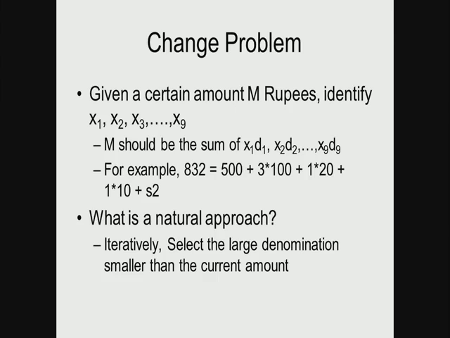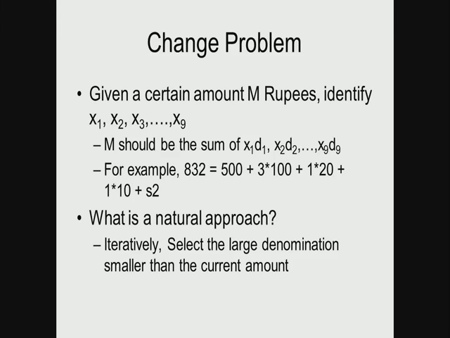For example, 832 can be written as 1 500 rupee note plus 3 100 rupee notes, 1 20 rupee note, 1 10 rupee note and 1 2 rupee coin. In general, do we have a natural approach here to solve this problem?